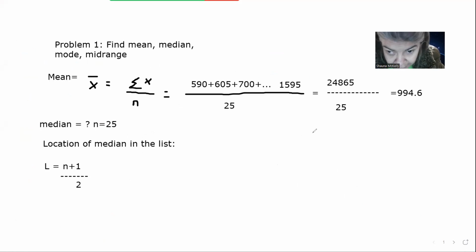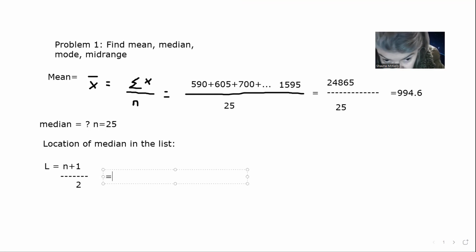Now, remember, I don't have all the numbers in here, so I'm going to have to go to the calculator to do it. But I do know that I have 25 elements, okay? So what I can do here is I can say I have 25 elements because there were 25 numbers in my list.